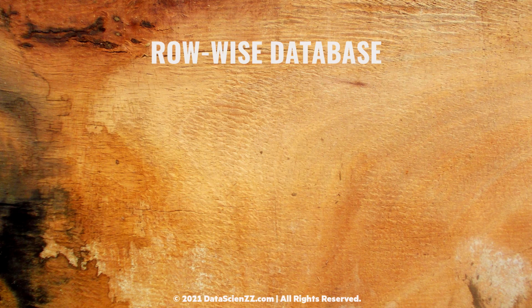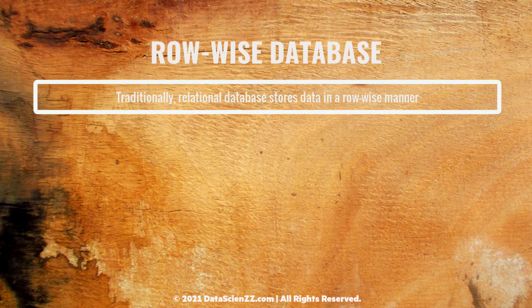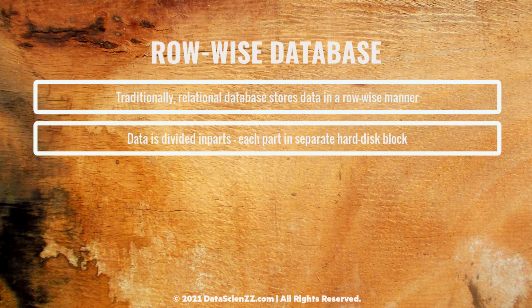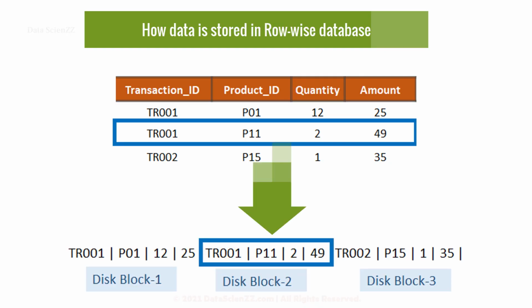Traditionally, the relational database has been designed to store the data in a row-wise manner. That means, data is divided into several parts, and each part is stored in a specific block within the hard disk. Now for a row-wise design, the arrangement looks like this. This is the most traditional type of data arrangement.